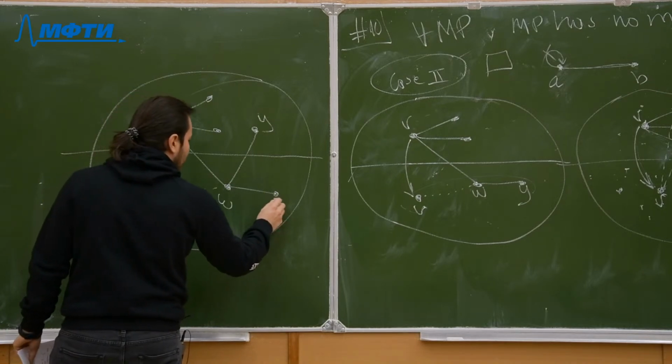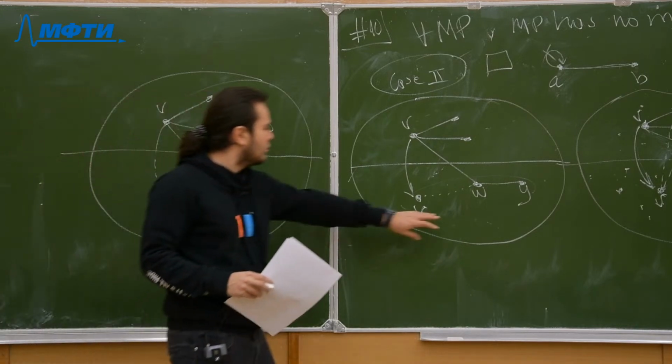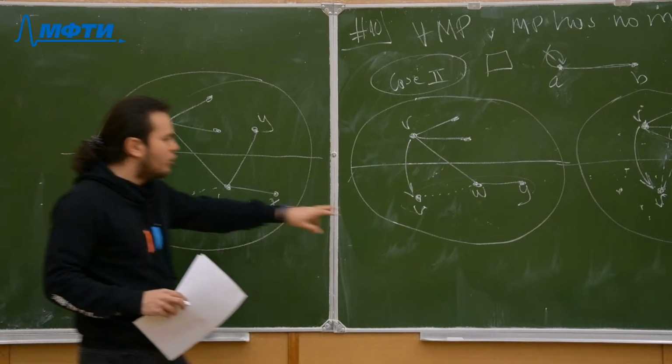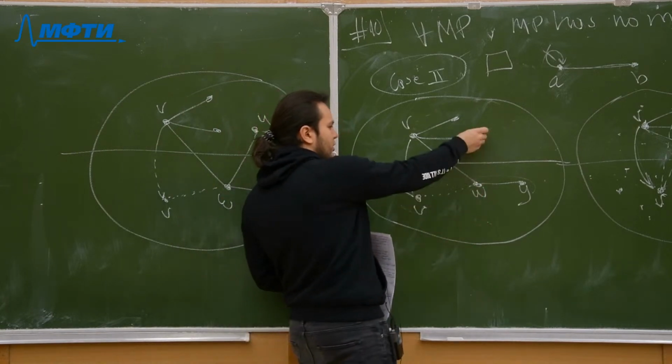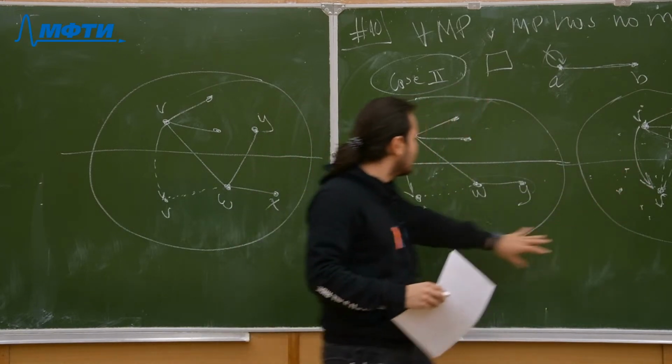Let's call this, I don't know, X. So let's just work with this one. It's the same, right? W will still be bad. So then we will have to change W back. Anyway, we have the first case and the second case.